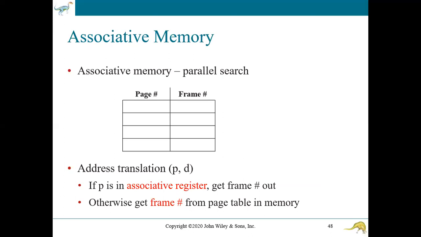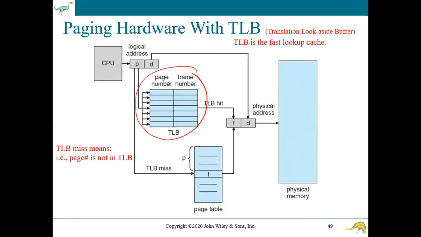So here, the page number and frame number are both kept. In the real page table, you don't keep the page number. Do you keep a page number in the page table?